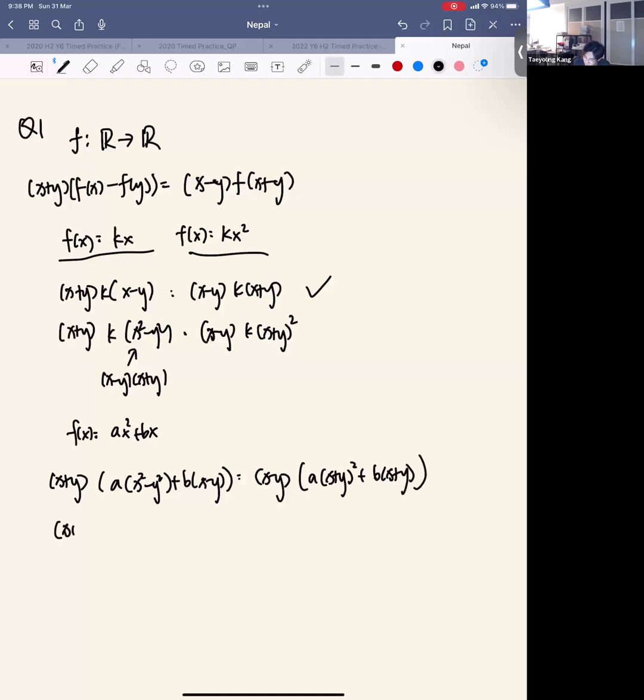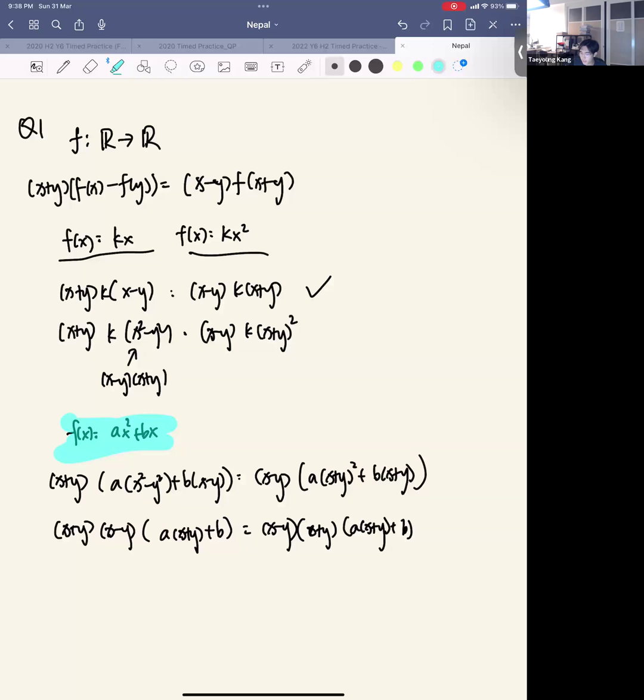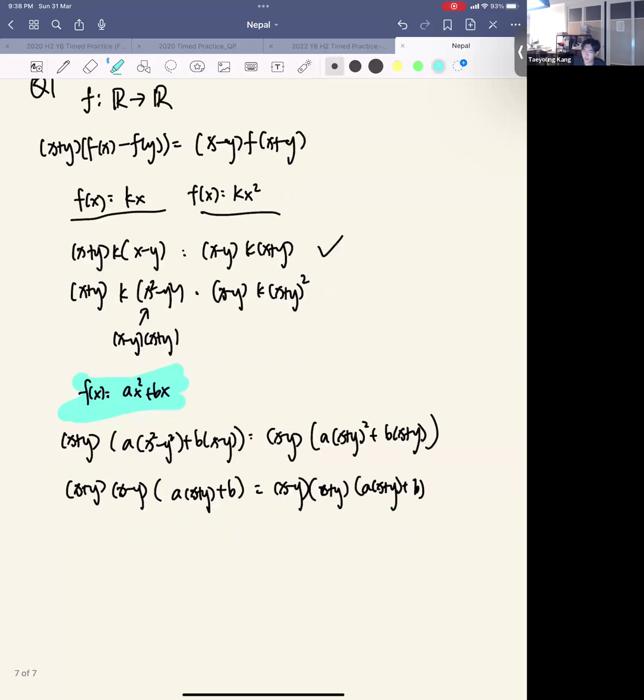And when we factorize (x minus y) out, we get this, which is obviously true. So the solution set that we should be aiming for is this. So this should be a correct solution set.